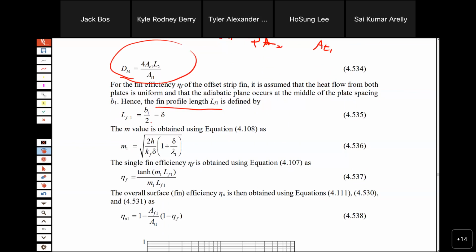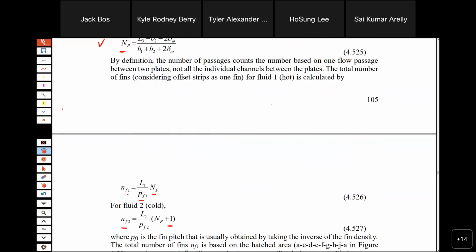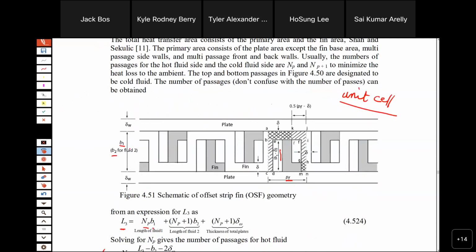So B1 divided by 2. I think, what was B1? Yeah, B1.